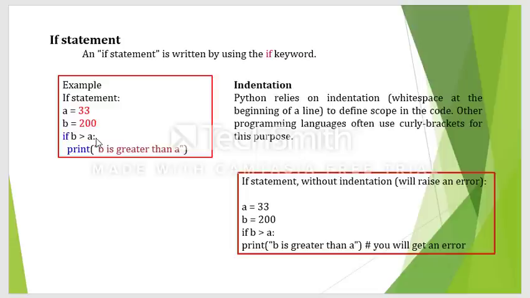Semicolon is not used in Python, nowhere we use semicolon. So we have A is equal to 33, B is equal to 200. Then we check the condition if B greater than A. Obviously it is true. Then if the condition becomes true, what we should print? We print the statement B is greater than A.